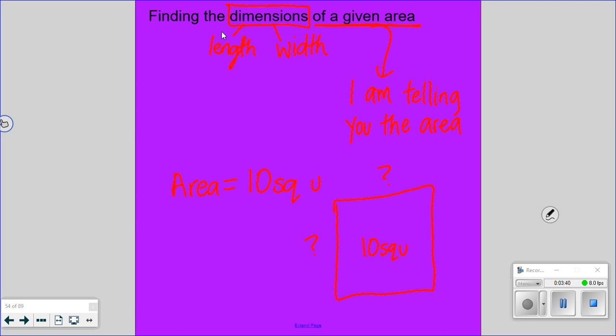What could I do now? Well, what are you thinking? You could just try a whole bunch of different lengths and we'll see which one works. Absolutely. We could just try some and then go from there.